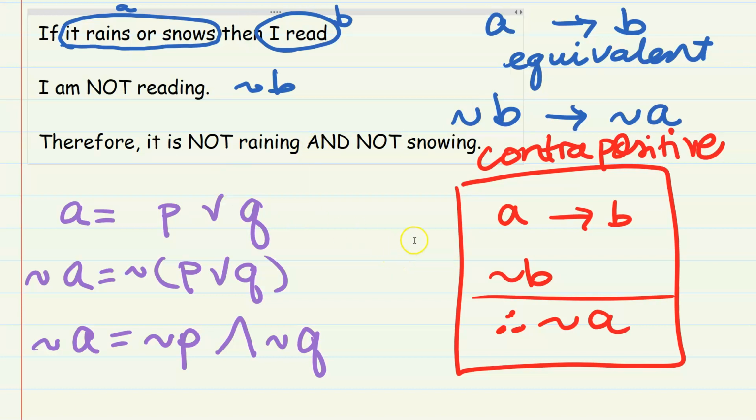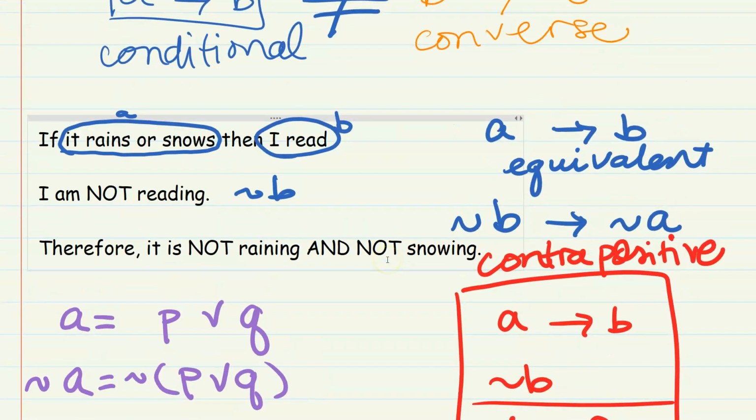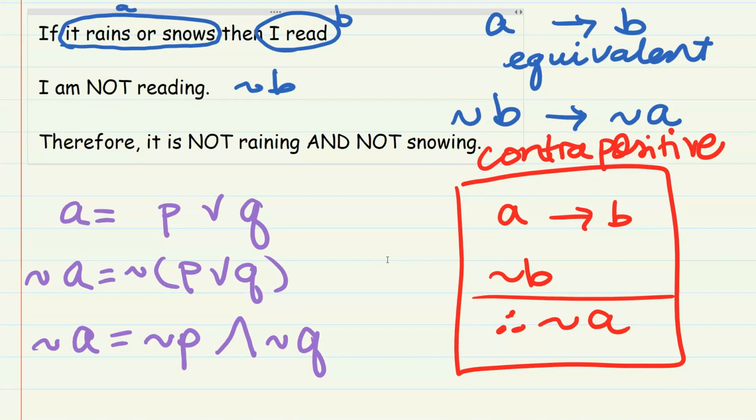That right there is a valid argument using the contrapositive. So that's how we fix that to make that a nice valid argument using the contrapositive. And we know that this is valid because A implies B is equivalent to not B implies not A, the contrapositive.